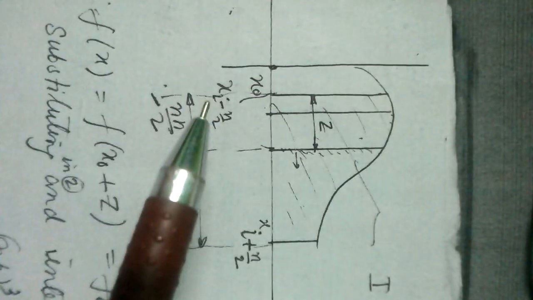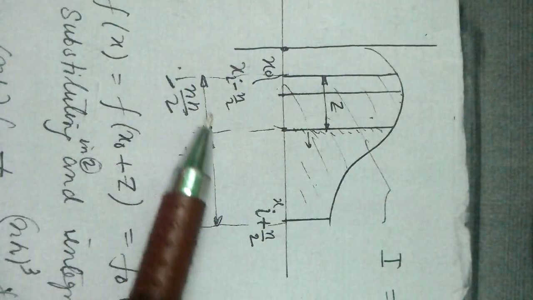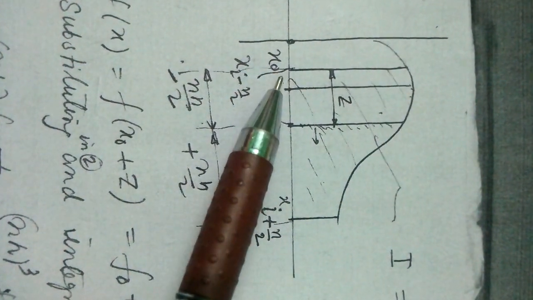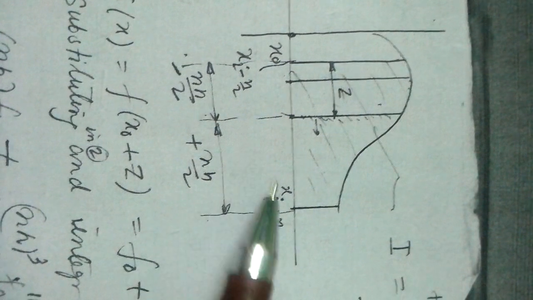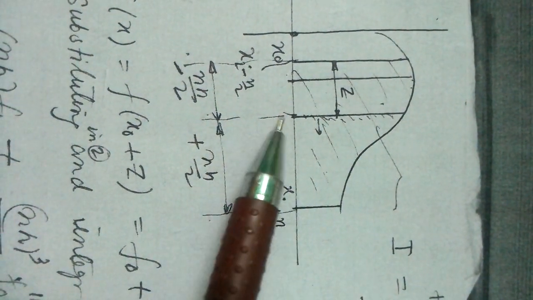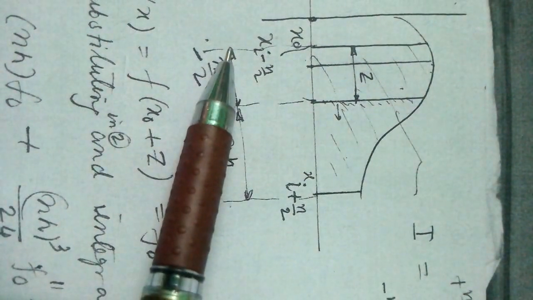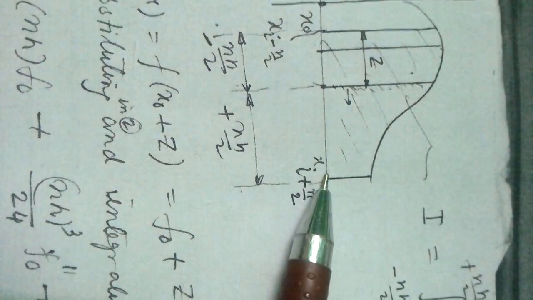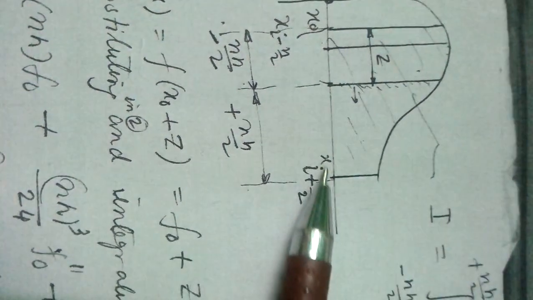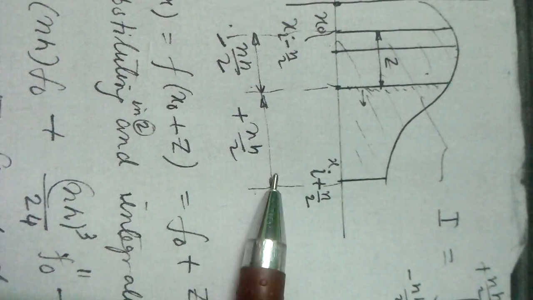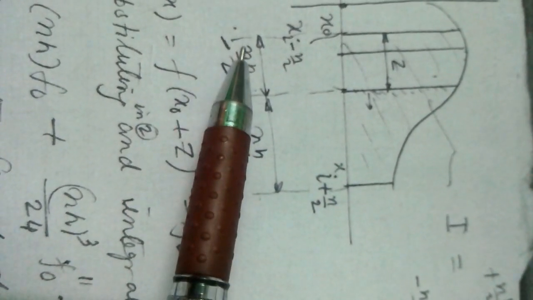Here you will find this point is nh by 2, so this is x_i. From 0, this is minus nh by 2. So x_i minus nh by 2 is this point, and this point is x_i plus nh by 2. So this distance is nh by 2. So we are integrating from here to here.